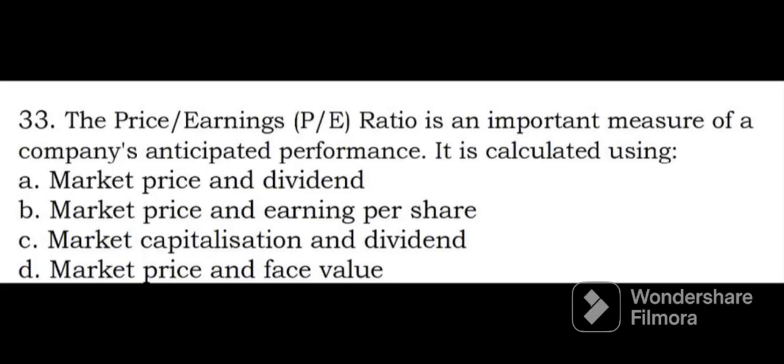Question 33. The price to earning, PE, ratio is an important measure of a company's anticipated performance. It is calculated using A. Market price and dividend, B. Market price and earning per share, C. Market capitalization and dividend, D. Market price and face value. If you read the options carefully, the answer is here itself.